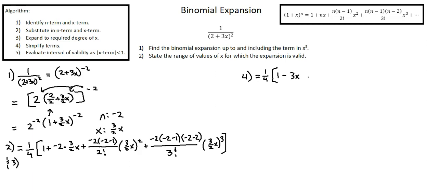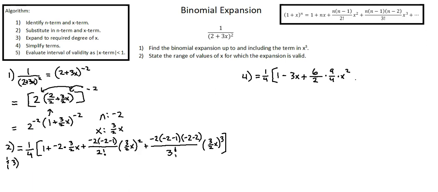The following term in the numerator, negative 2 times negative 2 minus 1, which will be negative 2 times negative 3, or positive 6, over 2 factorial, which is 2 times 1, 2, times (3 over 2 x) to the power of 2. So (3 over 2) squared will be times 9 over 4 times x squared.